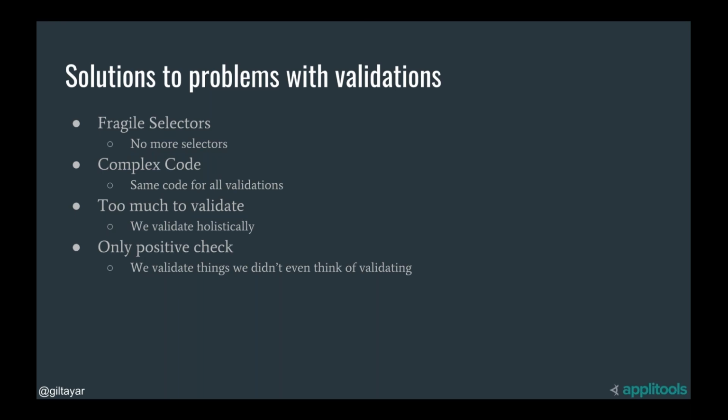No, we validate holistically. We validate everything. And only positive checks? No. If the developer had inserted a bug that blanked the username field, we would have caught it because we check everything on the page.